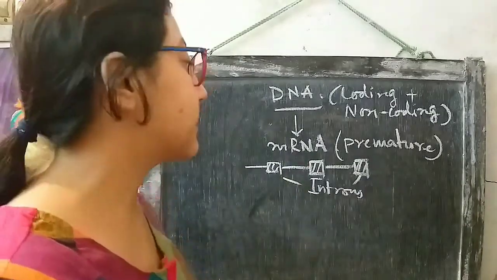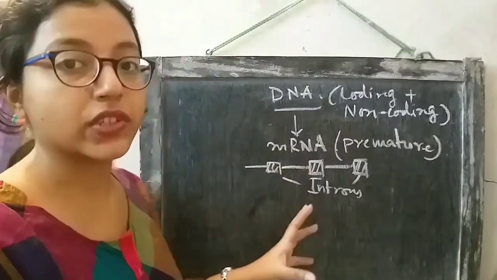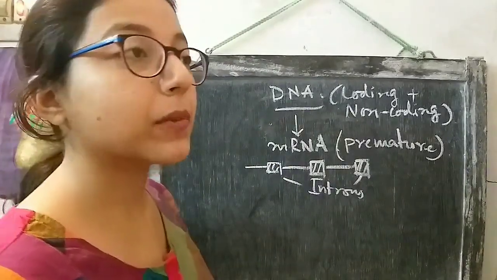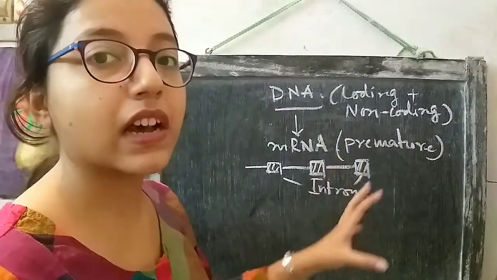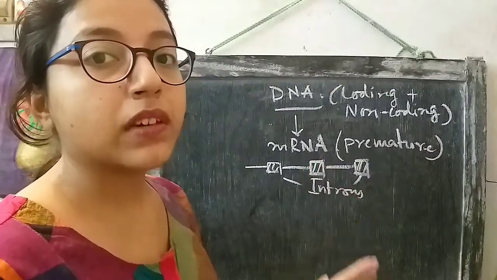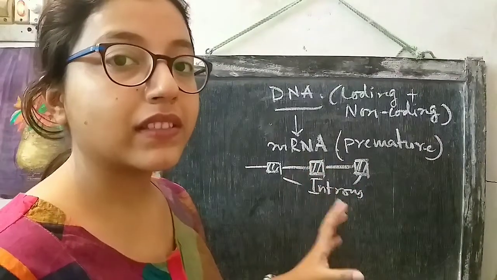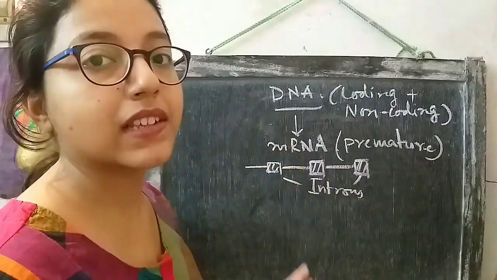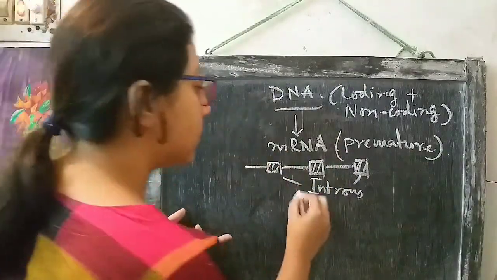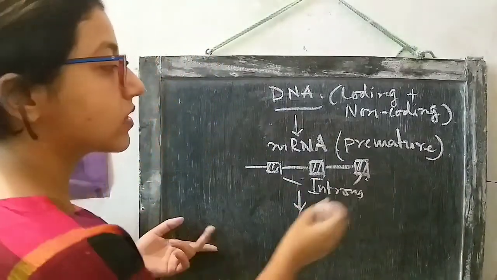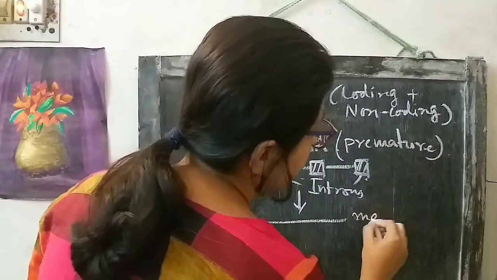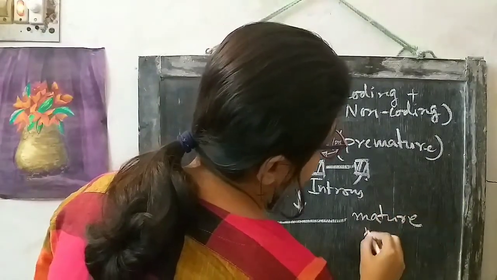In the next step, this mRNA undergoes maturation by an event that is called splicing. By the process of splicing, these introns are deleted from the premature mRNA. When these introns are deleted, this mRNA is called a mature mRNA.